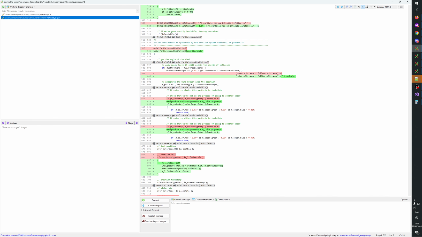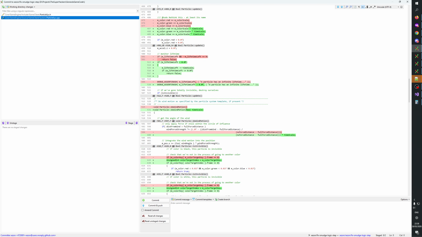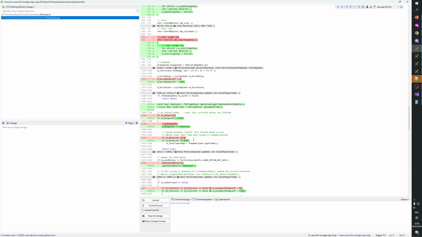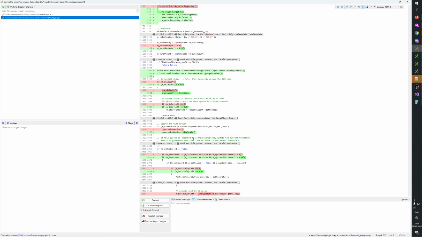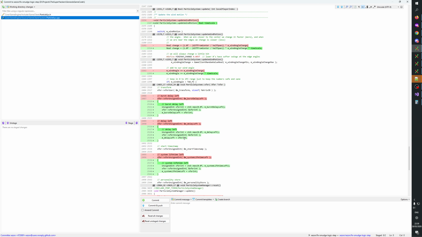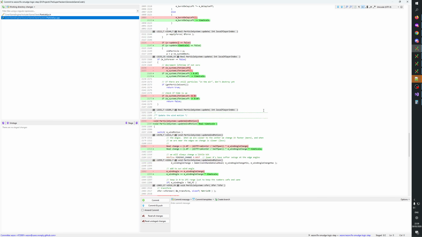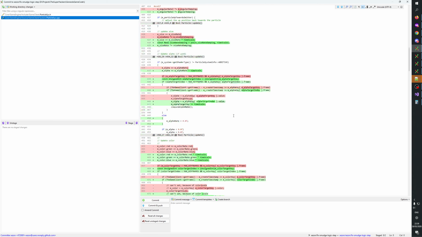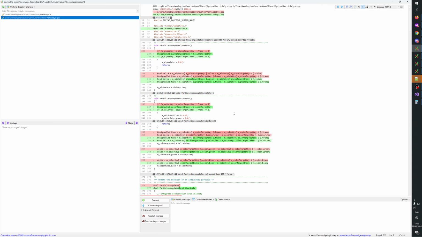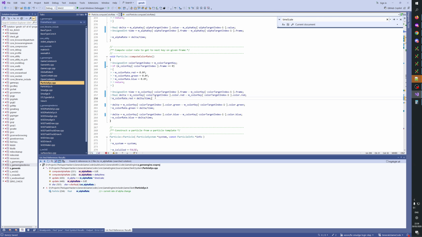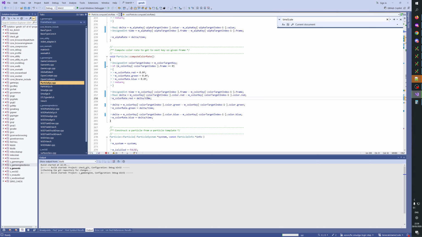Yeah, okay, that one is also correct. Okay, so far so good. Was quite a bit, yeah. Let's see if it compiles.